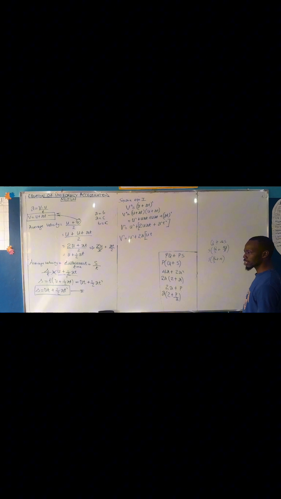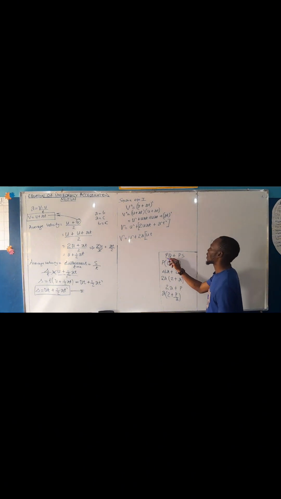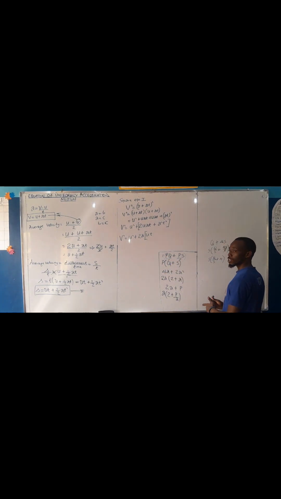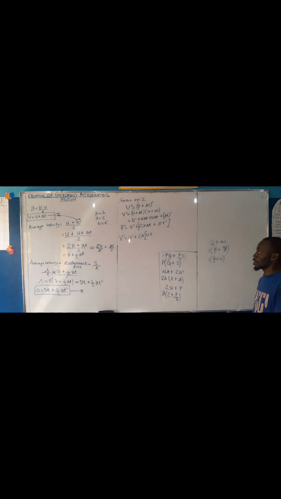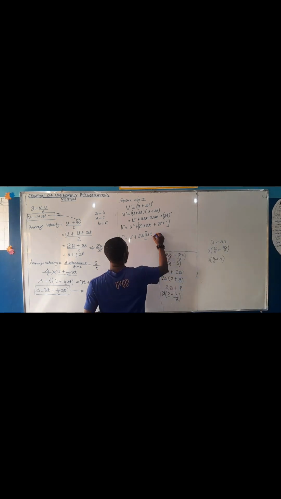Then you can just put it over p, and bring the p out. P will cancel this, p will cancel this. I'll be left with q plus s. So it does the same thing. I'll just put over s, and s cannot cancel anything, so we're left with this. So I'm going to use that same method.